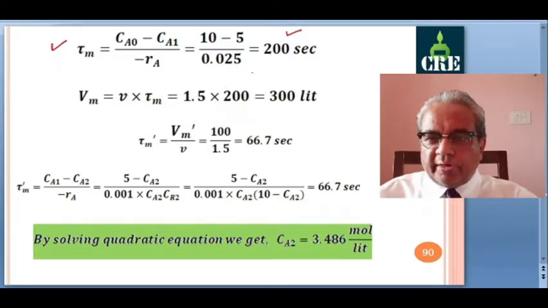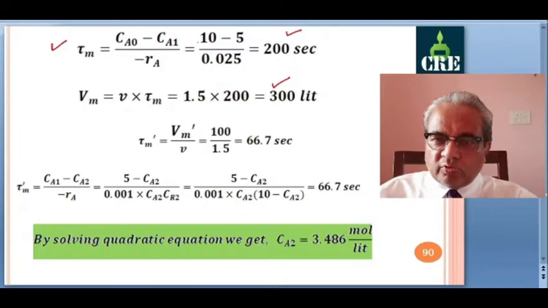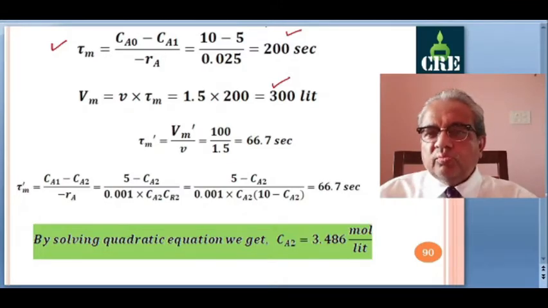This is 200 and this is 300 liters. So we are getting 300 liters. Okay, so another clue I get is 300 liters I should use for processing this to 50% at maximum rate.